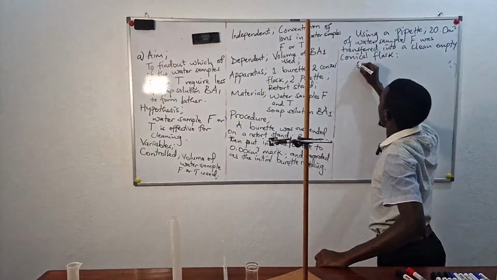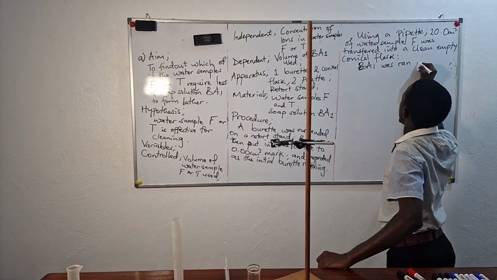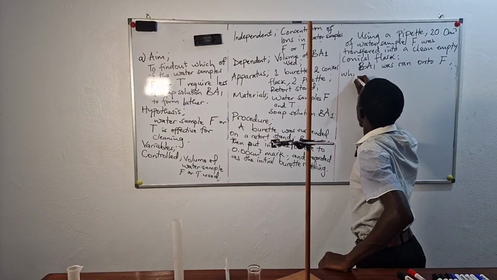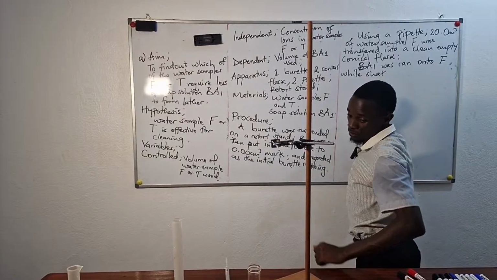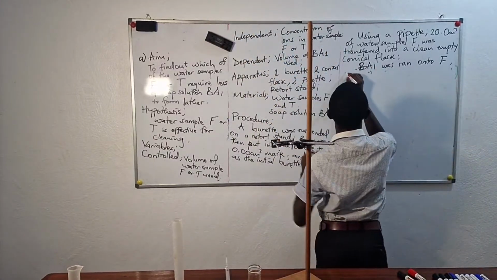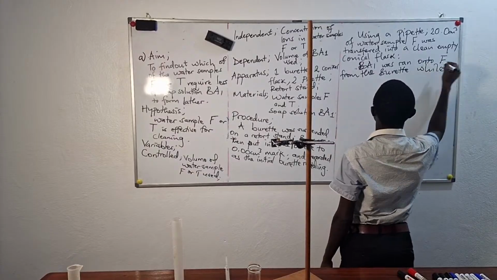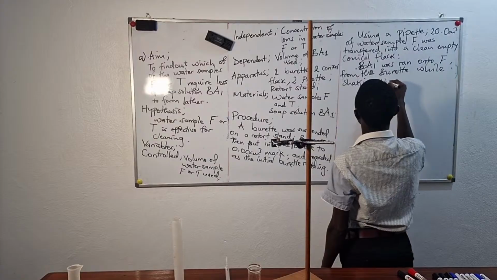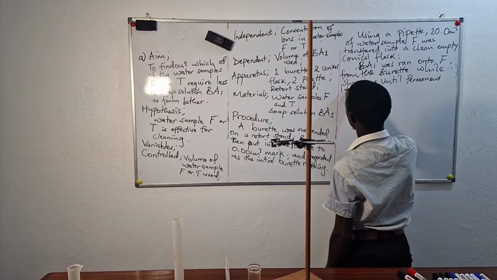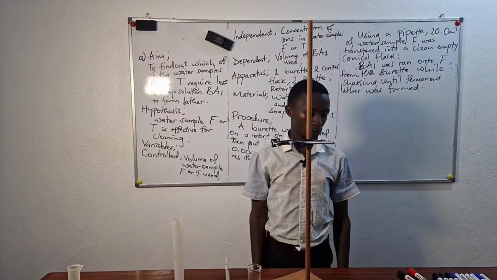So BA1 was run onto F from the burette while shaking until permanent lather was formed. So that is our next procedure.